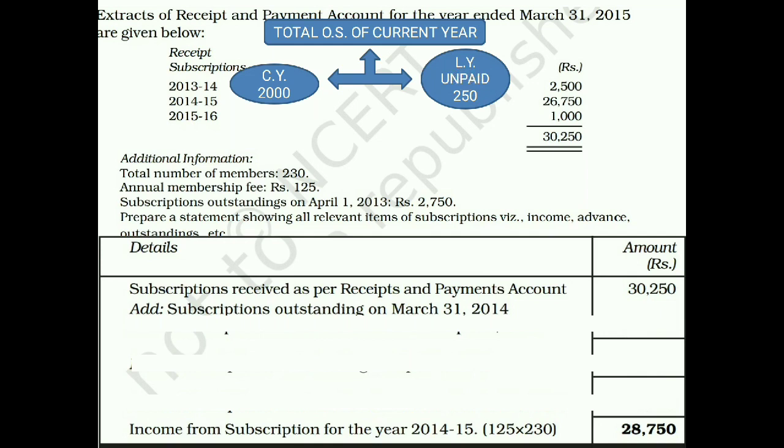If you don't understand, I am going to repeat it again. What was the amount of last year outstanding? It was 2,750. How much out of that 2,750 have we received till now? That is 2,500. So what amount is left? Only 250. So the total outstanding of the current year is 2,250.